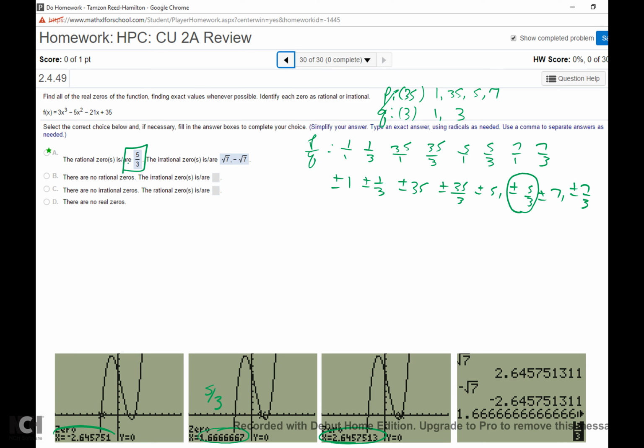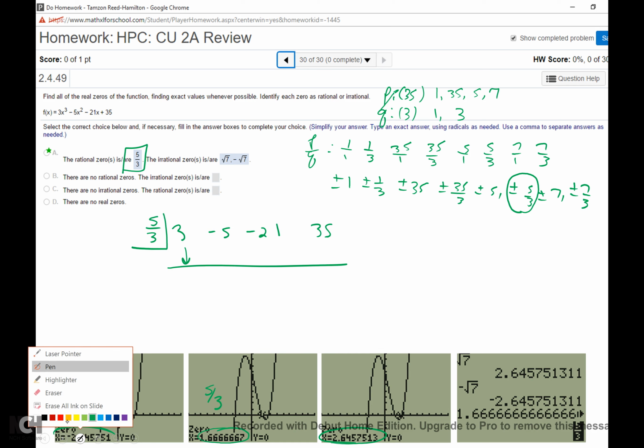Okay? So now to get the other two, I'm going a little bit backwards. I'm going to put 5/3 in the hole and divide by it. 3rd degree, 2nd degree, 1st degree, constant. And don't panic on these fractions.